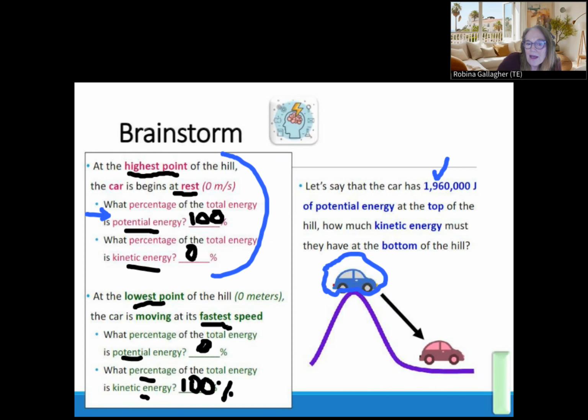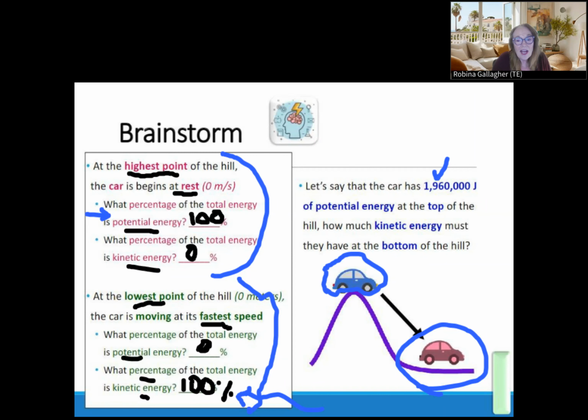At the bottom, how much kinetic energy are we going to have down here? It's going to be a lot, but how much? Can you tell me? 100%. Yeah. 1,960,000 joules of kinetic energy.